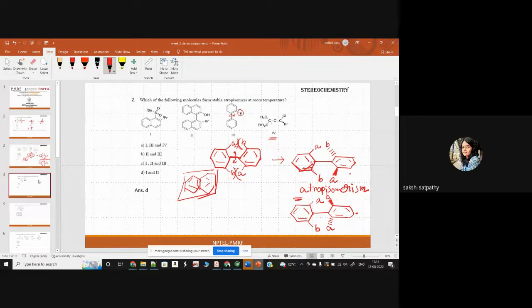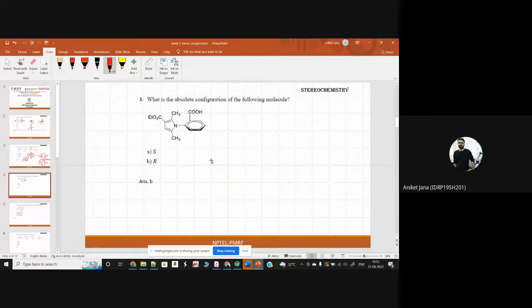Okay, then what is the correct answer here? In B, the absolute configuration of this molecule. Tell me, from which side will we determine it, from right or left? Right means this one.